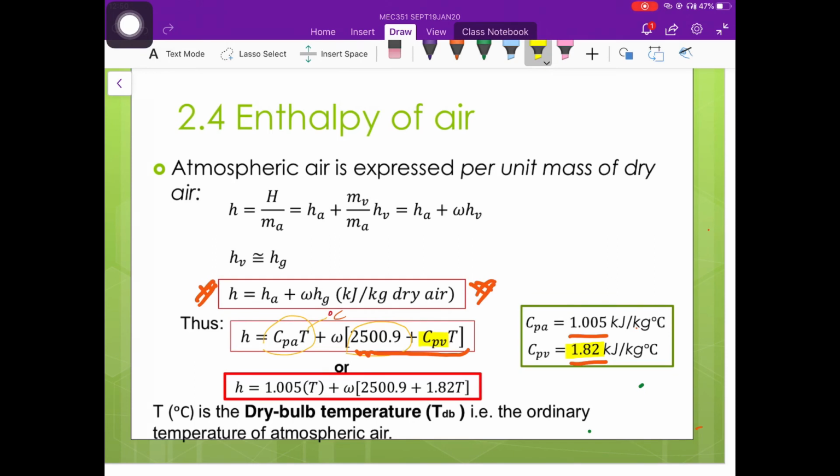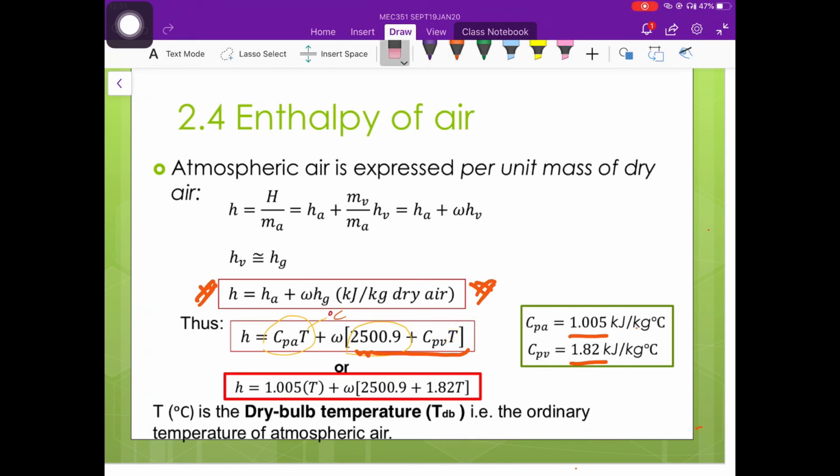This value is the average Cp value for the range of minus 10 degrees Celsius up until 50 degrees Celsius. And again, the temperature will be in the unit of degrees Celsius.